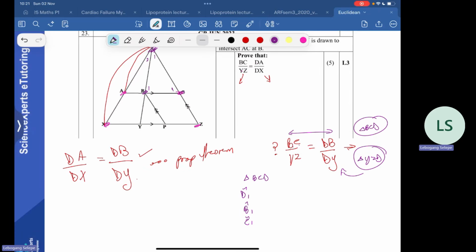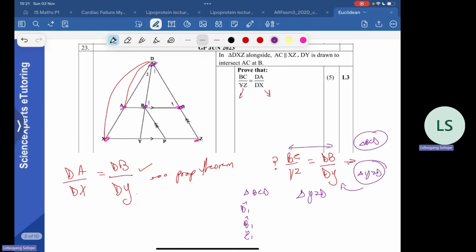So let's list the angles in triangle YZD. I can see Y1, I can see angle Z, I can see D1 again.